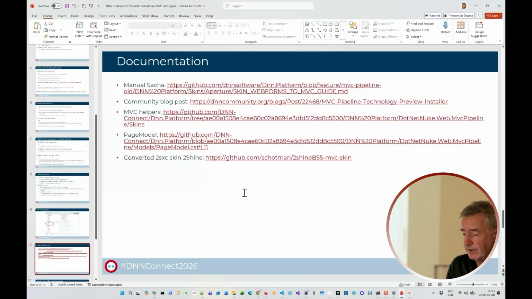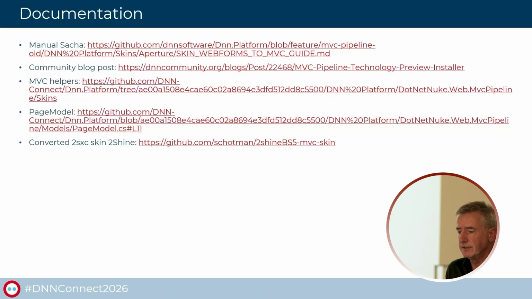And then of course, if you want to do that for yourself, there's lots of documentation you can use. It's in these slides, and of course documentation built or generated by Sasha. That's in this particular, yeah, here. No, it's probably here. Yeah. So Sasha made a transformation guide, which is in the, I don't know where it is.